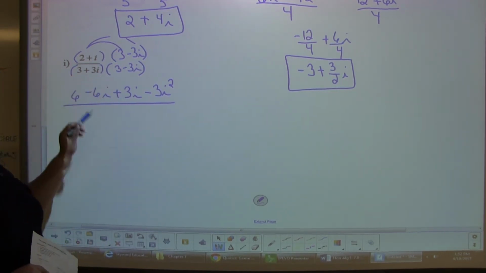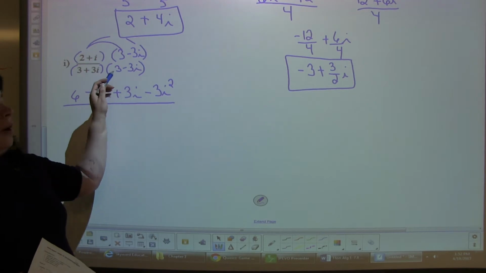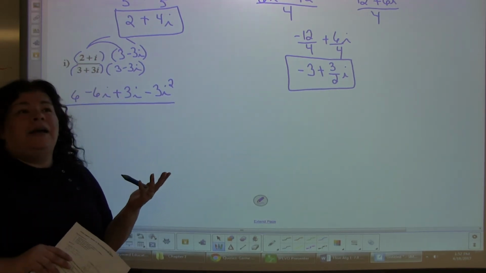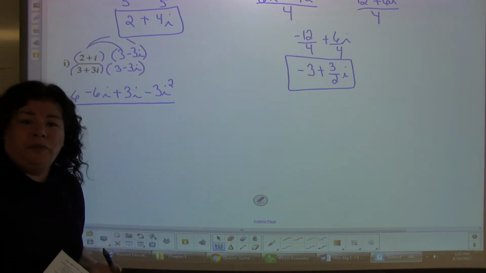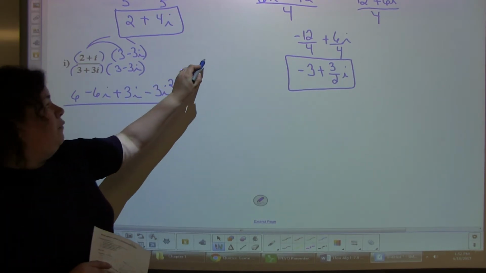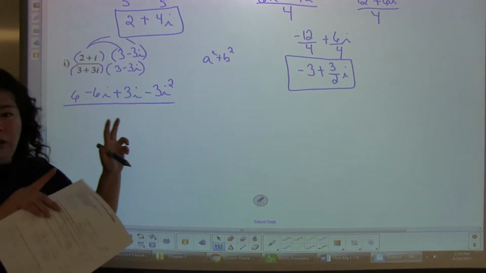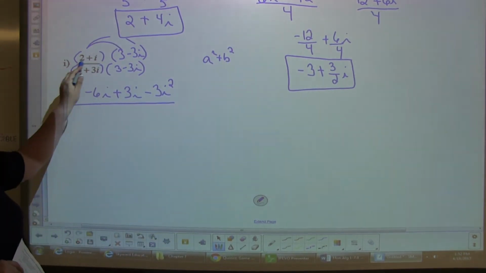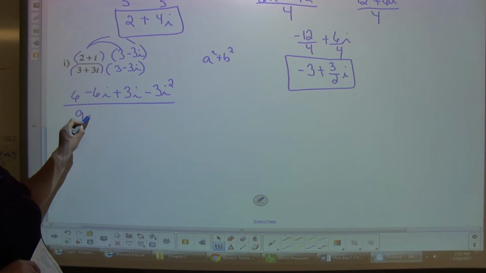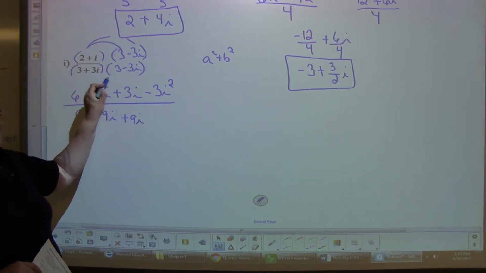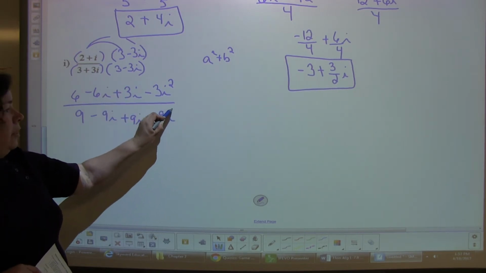In our denominator, 3 plus 3i times the quantity 3 minus 3i. Again, since they almost look like a difference of two squares, we know we're going to end up with the form a squared plus b squared, getting rid of our linear terms per se. So we're going to end up with 9 minus 9i plus 9i, and then minus 9i squared.